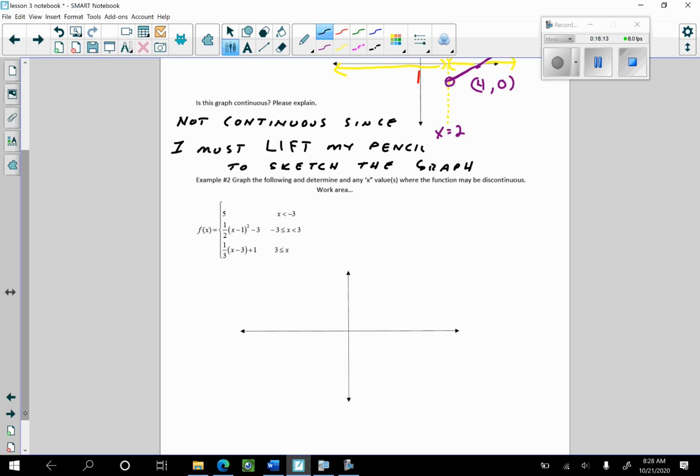What's the first step in sketching this piecewise function? Yes, I'm going to sketch these lines, x equals -3 and x equals 3. So here you go. I'm going to label them down here. I'll label them in green. X equals -3. X equals 3.